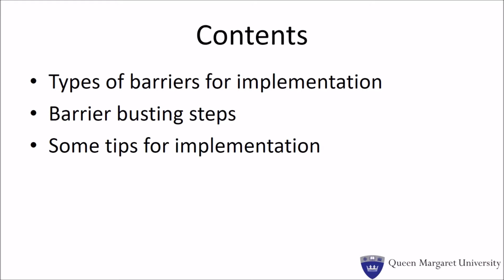And then we're going to consider some barrier busting steps to see how we can overcome some of these barriers and enact a slightly smoother implementation of the outcome measures. And then we'll also look at some tips for implementation, things that we know from previous experiences of people implementing outcome measures that might be interesting and fruitful to pursue.